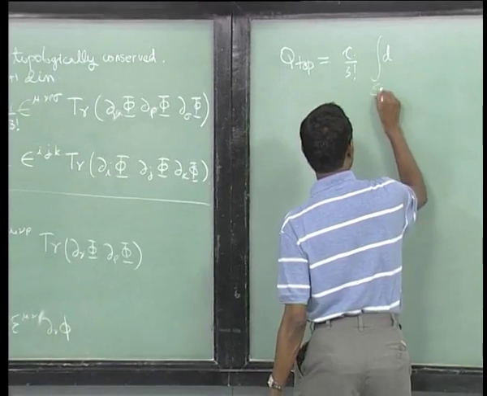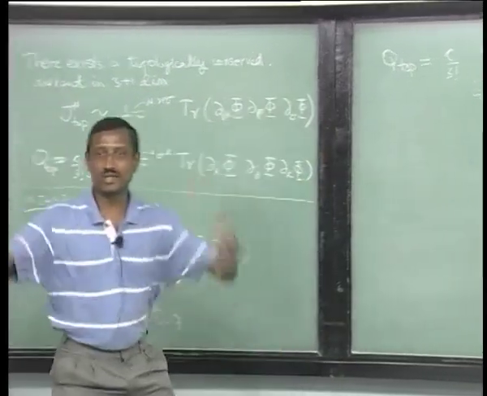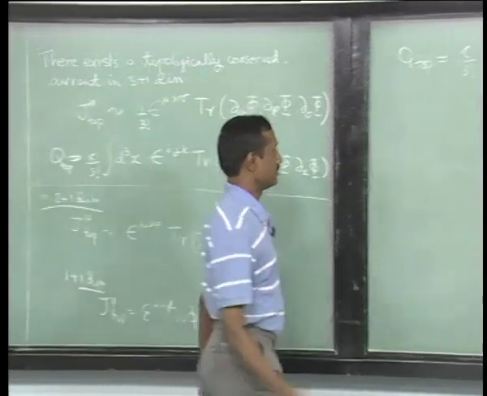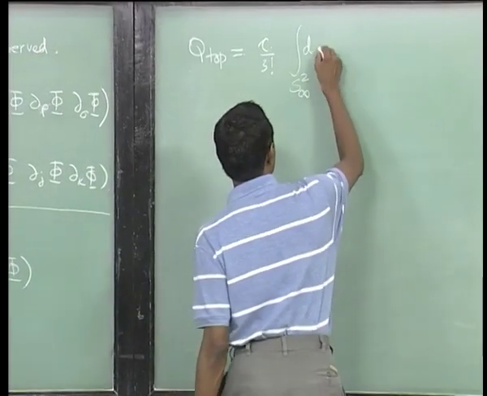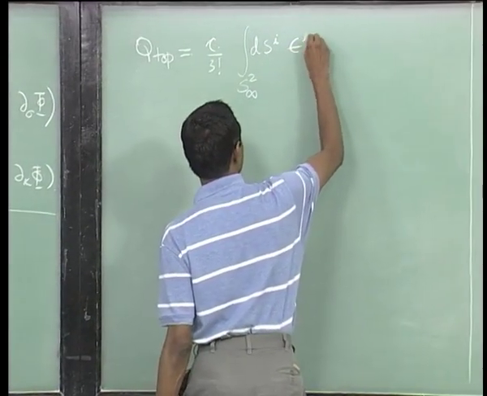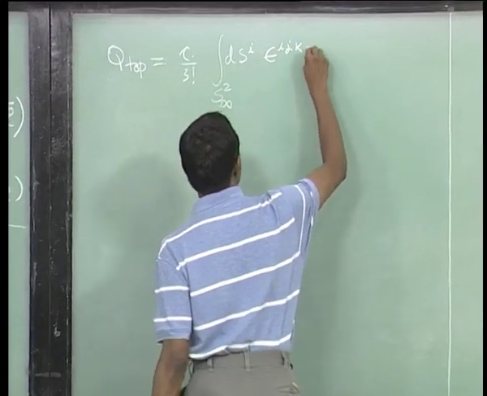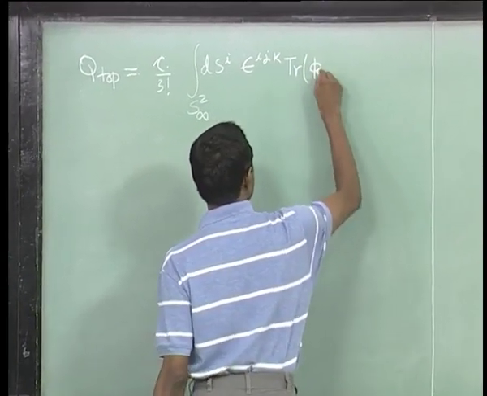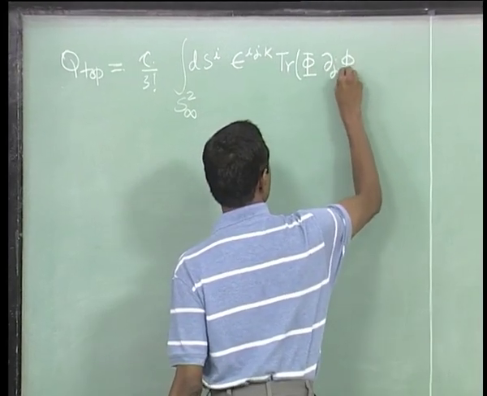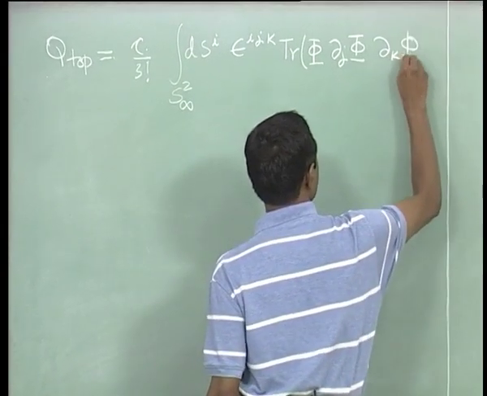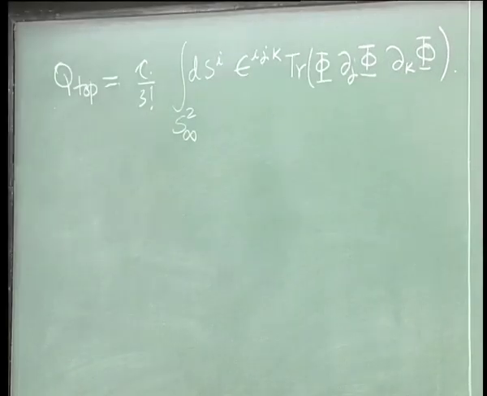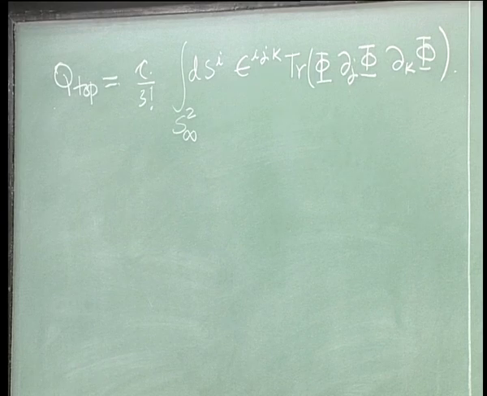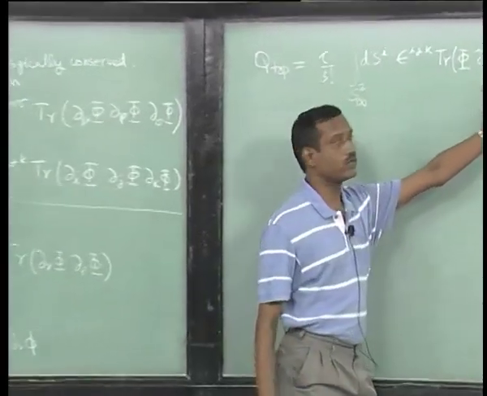So I could write this as an integral over the sphere at infinity using Gauss's divergence theorem, because we are just in normal 3 dimensions, times dSi. This is just because it is a total derivative.